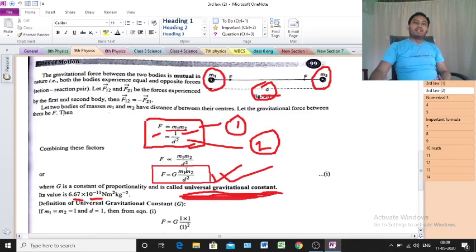What is the mathematical form of Newton's laws of gravitation?